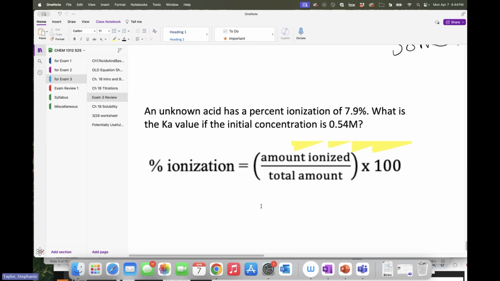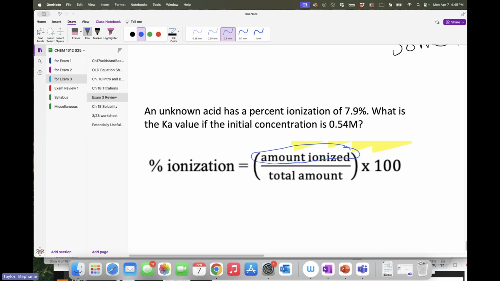I just want this. So this is percent ionization. It says the amount ionized divided by the total amount times 100. So we need to finesse this definition just a little bit, because the amount ionized is really going to be the change, and the total amount is really going to be my initial concentration.